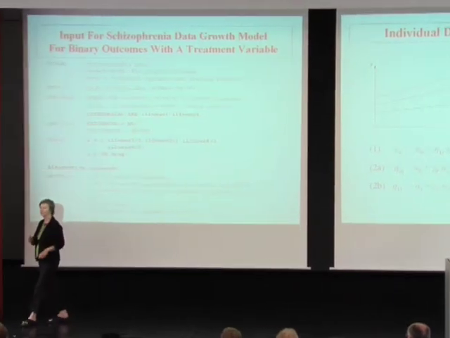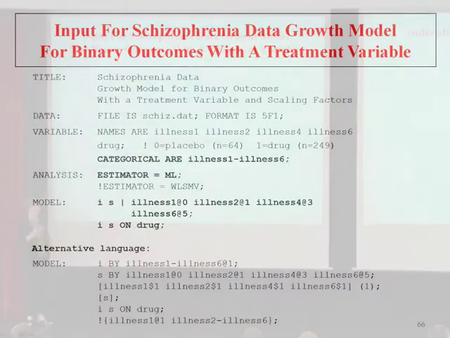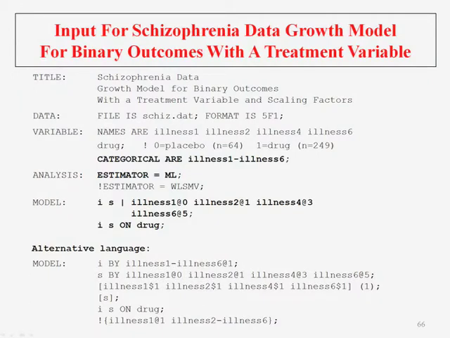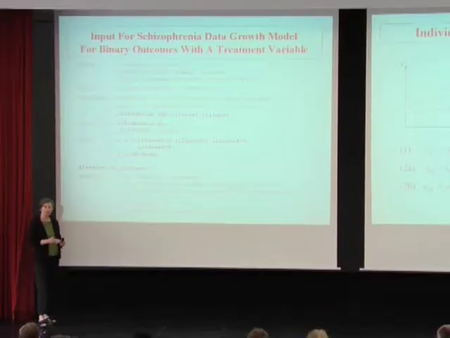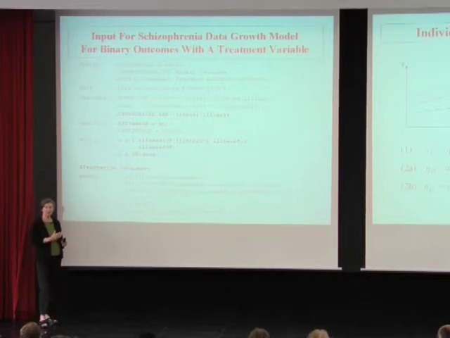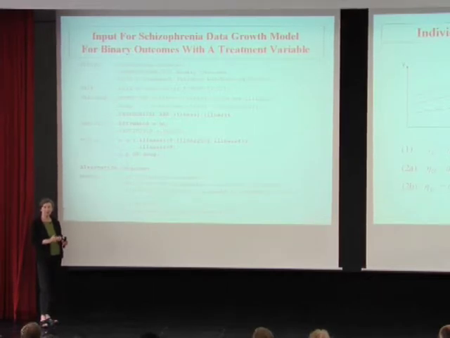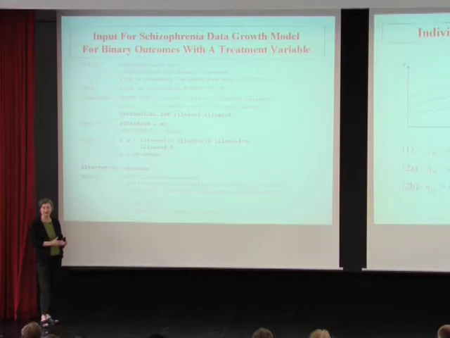The time point where the time score is 0 defines the intercept growth factor. In our example, you can see I have S BY illness1@0. So we're saying that the first time point defines the intercept growth factor. Sometimes people refer to that as initial status, the first time point at 0.